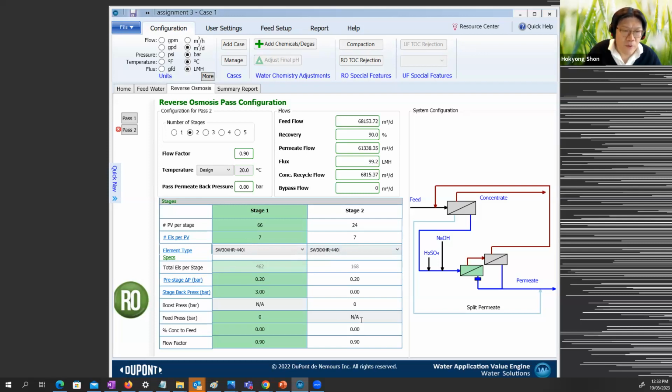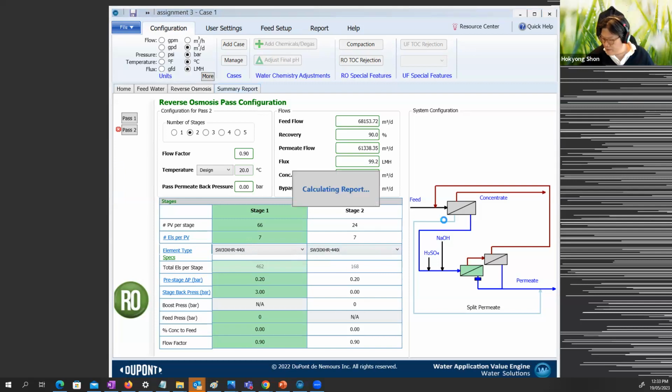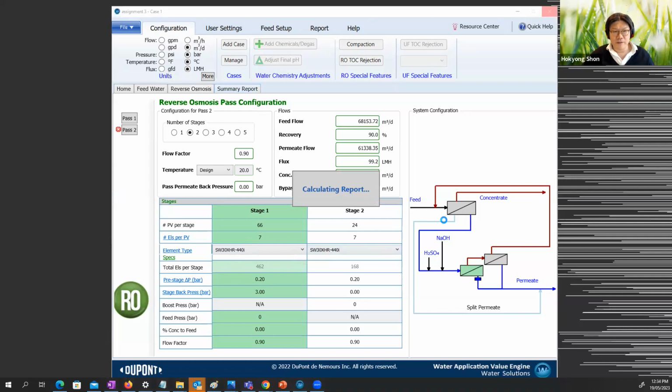And this is the value. So we would like to click this one, and let's see his design only, and then let's see his summary of the report, how it looks like. So pass 1, 184. He has pass 2, stage 1, 66.